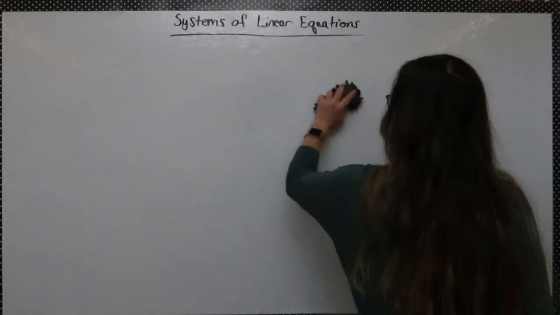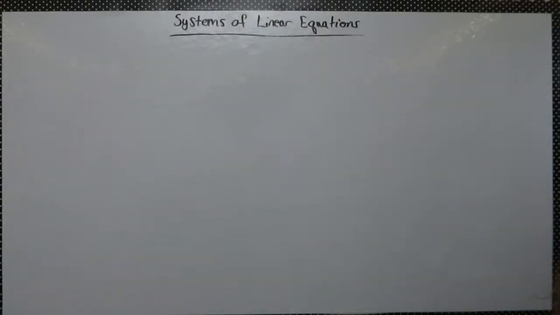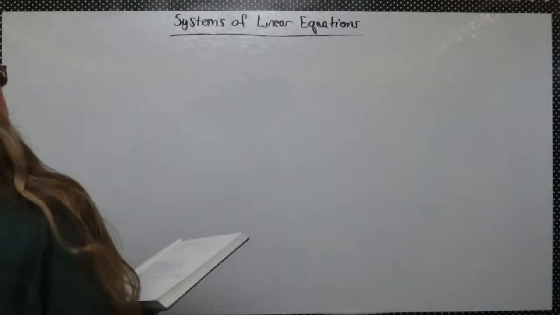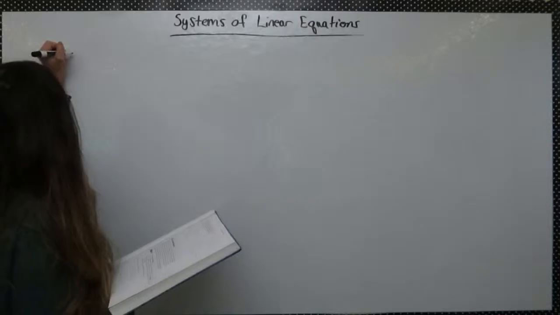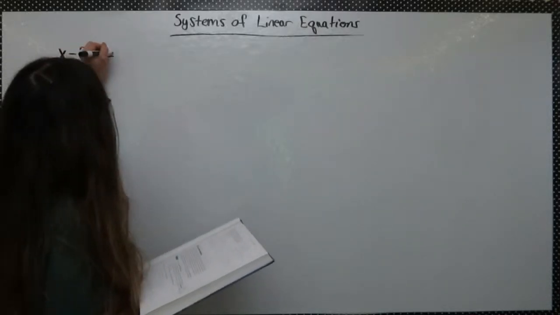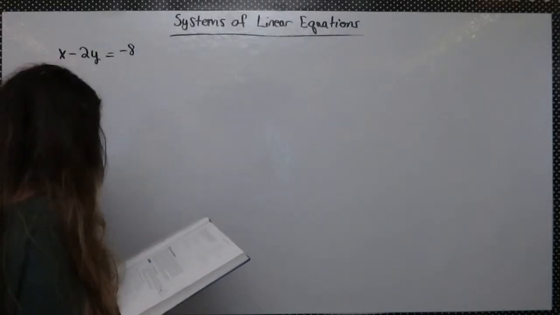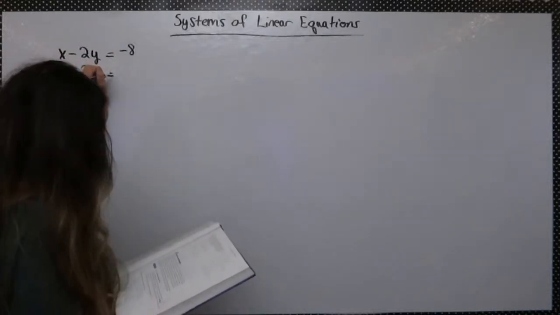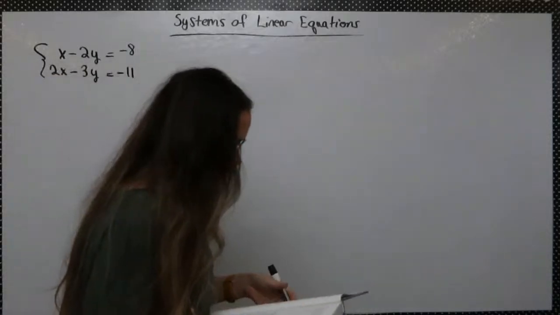Okay, so I just picked this system out here, and let's write it down. It says x minus 2y equals -8, and then this one is 2x minus 3y equals -11. So we start out kind of simple: 2 equations, 2 unknowns.